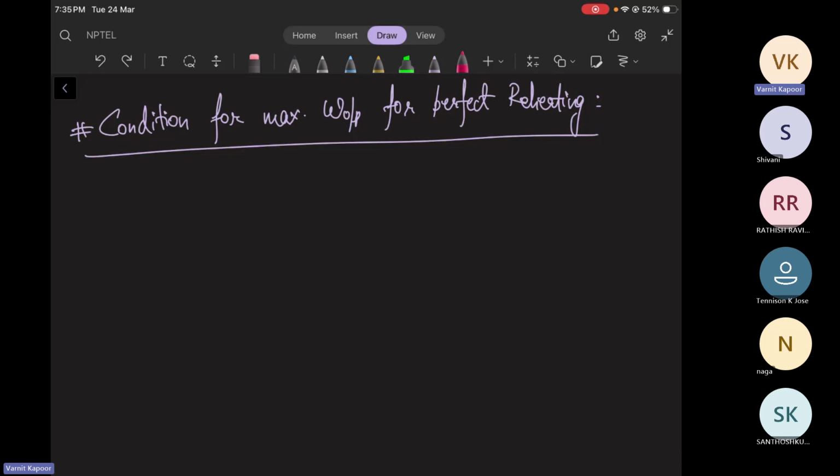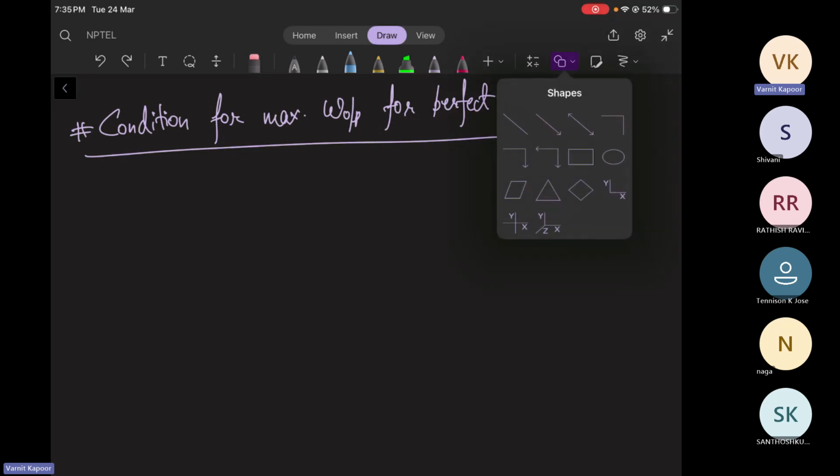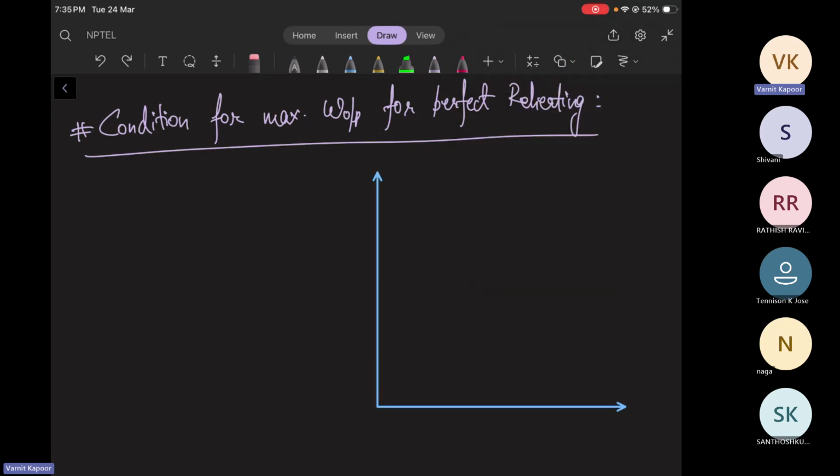Okay, so let me again plot temperature entropy. The cycle will now look like this. One, two, three, four, five, and 6.